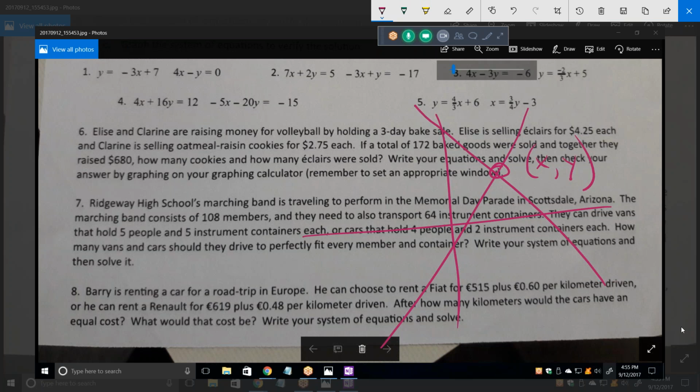In our case, x was 34? I don't remember. I think it was 34. The other one was 138.